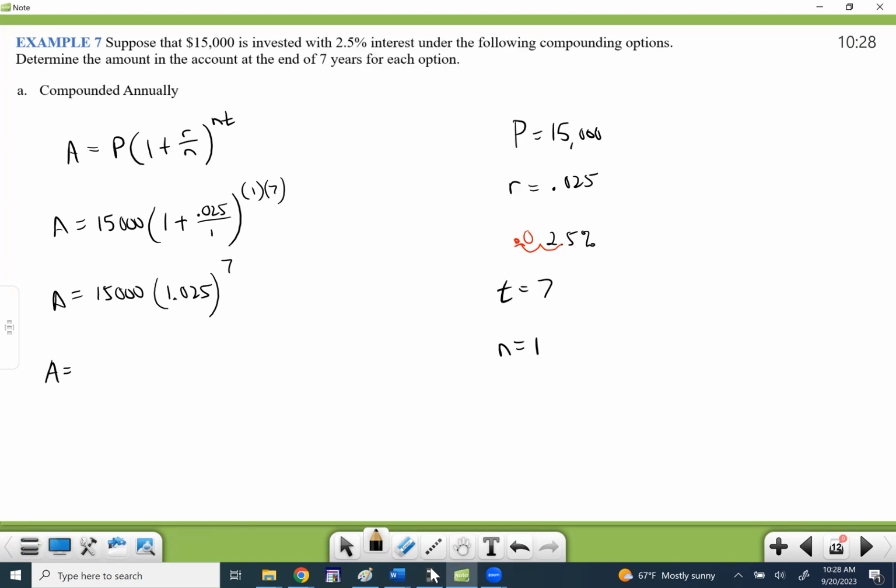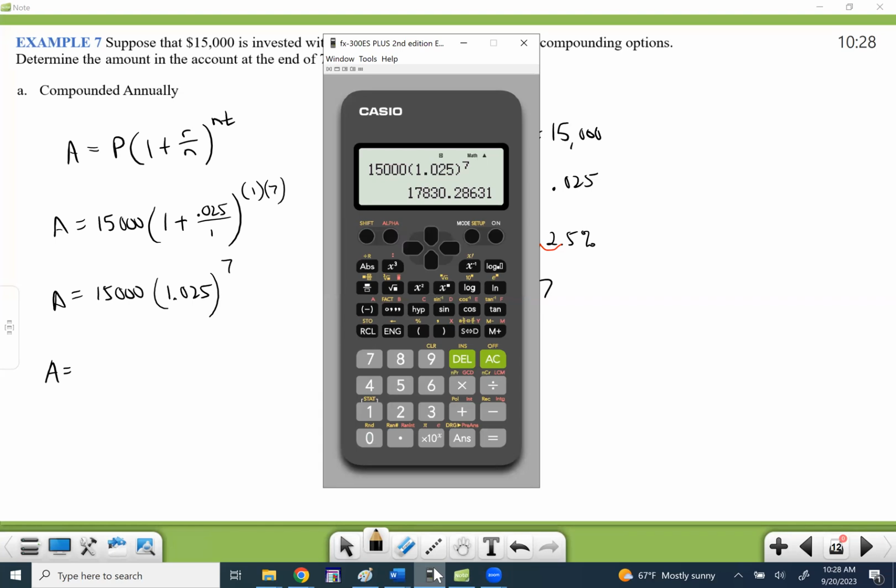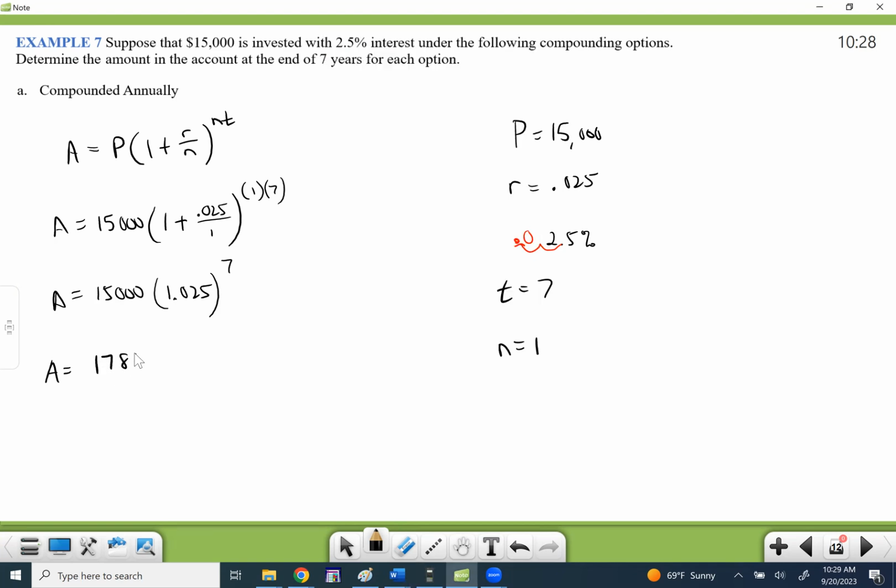It doesn't give me the interest, it just gives me the amount in the end. All right, so $17,830. It's money, so we're going to take this 6 and round up to 29 cents. 17,830.29. So you'll just have to know it's money, rounded to the cents.